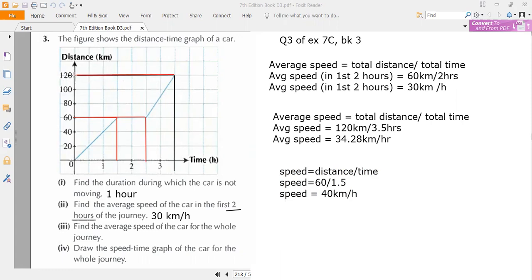First I'm seeing how much distance I have covered in this time and how much time I have taken. Now I'm talking about this part which I have drawn over here, not the other part. I'm going to talk about this one so that I can be clear. I have to find this speed.